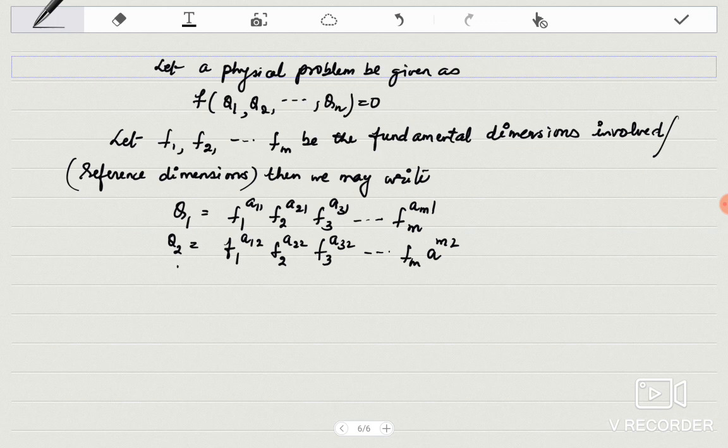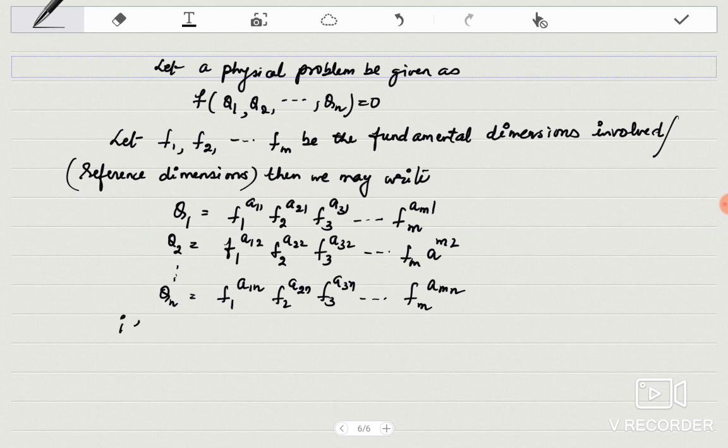Yes. And likewise qn will be f1, a1n, f2, a2n, f3, a3n, and fm, amn. Right?